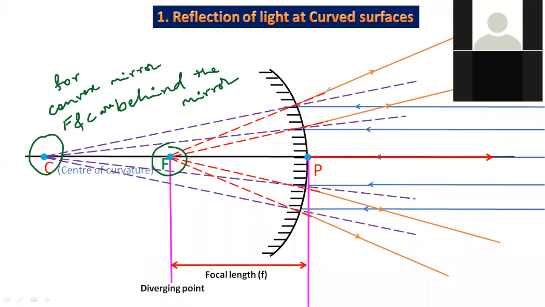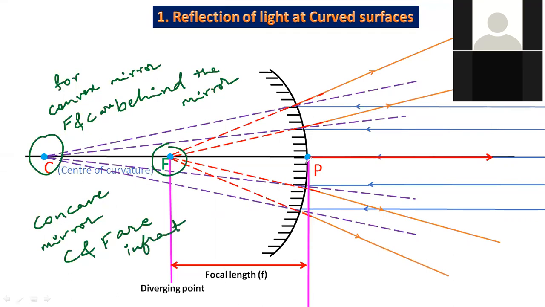Yes. So the center of curvature and focus are both located behind the mirror for a convex mirror. What about the concave mirror? Where are the center of curvature and radius of curvature for a concave mirror? Before the mirror. Okay. For a concave mirror, C and F are before or in front of the mirror.